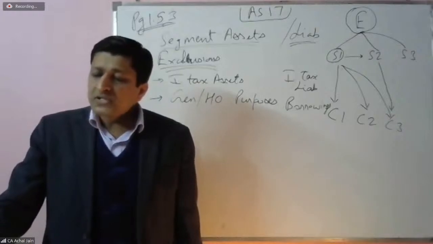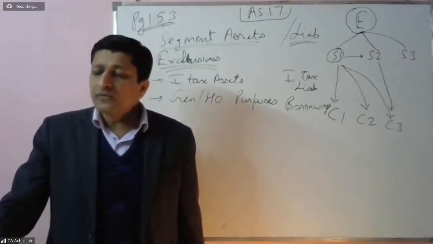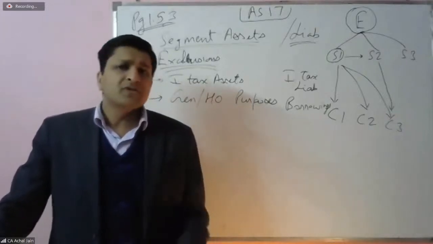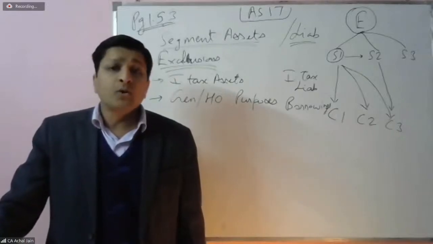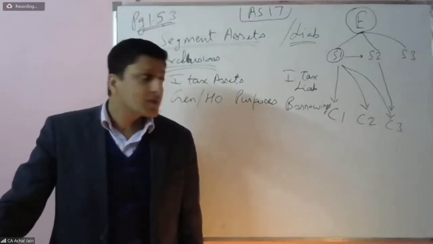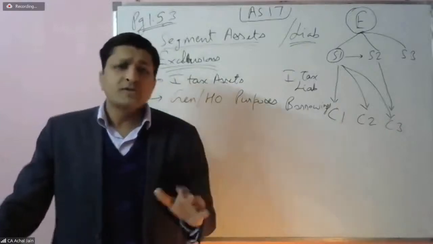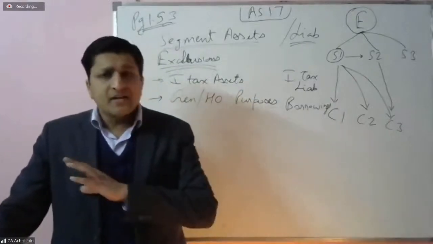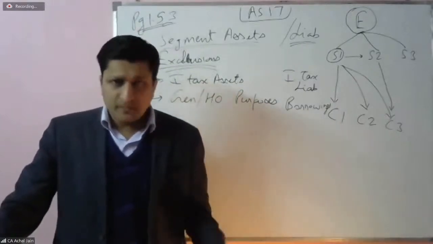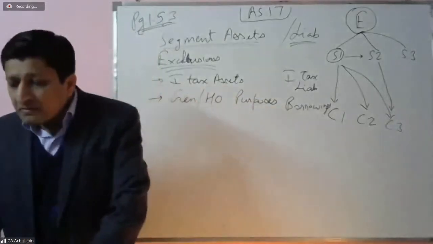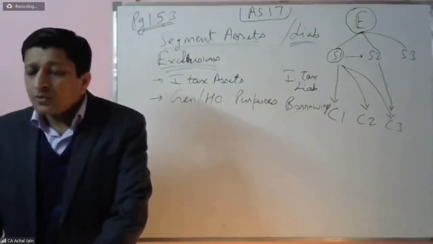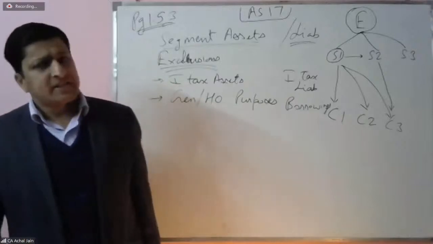Kanishk is asking, sir, what's the other word used for gain on sale of investment? You can say profit on sale of investment. Tanu is saying, are we talking about disclosures? Yes, of course. See, this standard is all about disclosures only. This standard doesn't deal with recognition or measurement. Saurabh is asking about income tax assets. Are those limited to advance tax? Yes.